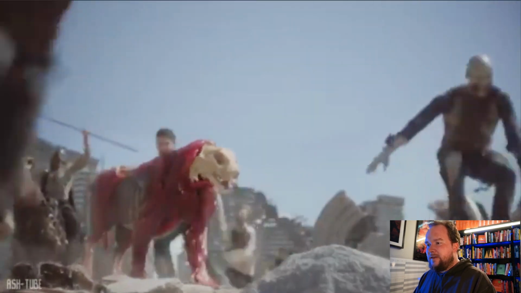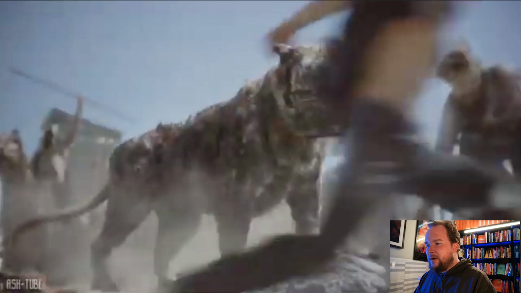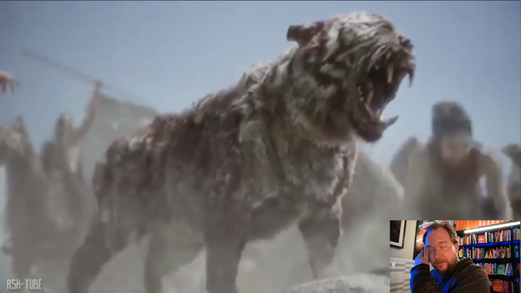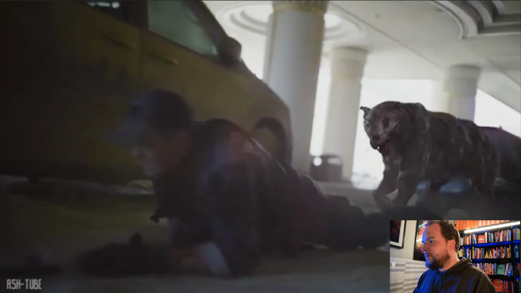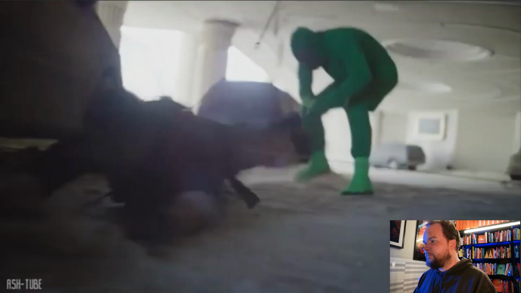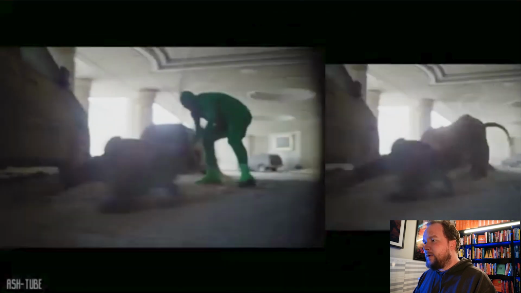So here's another one. You can see the tiger walking around. It looks great, really cool. So you've got one guy here, and you probably have a few other people off camera controlling the pulley system. I thought it would be two people, but okay, I guess one person's all you need for that.